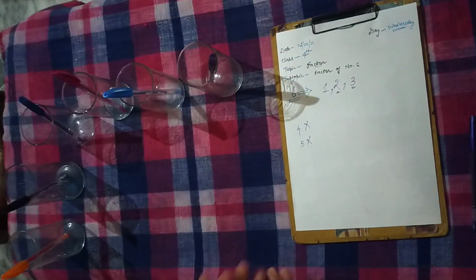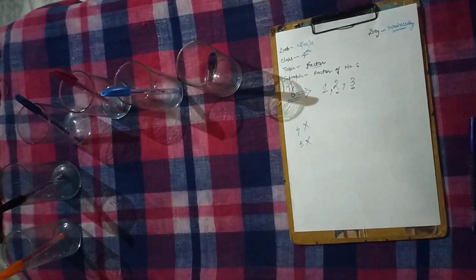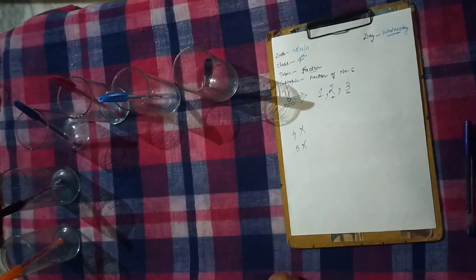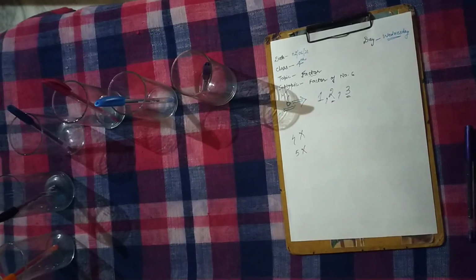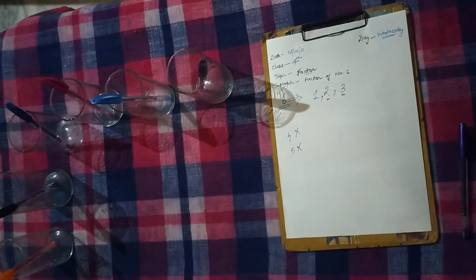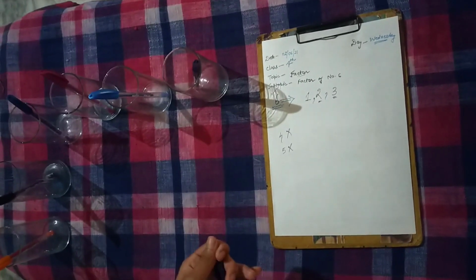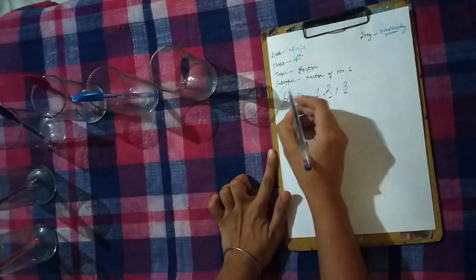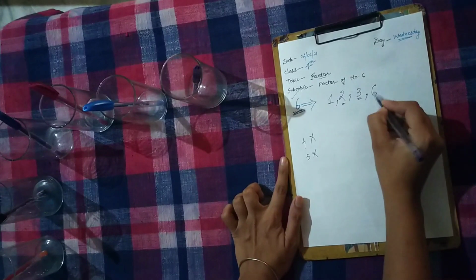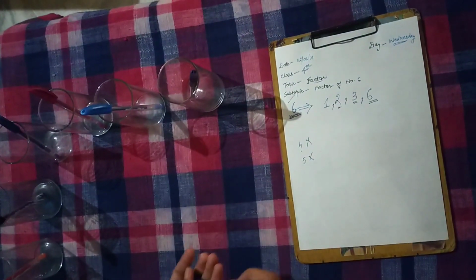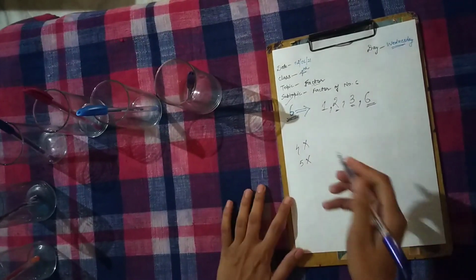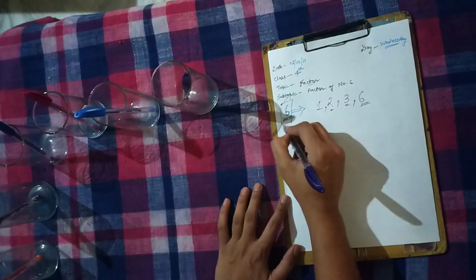Now see, each glass contains 1 pen, which means we have divided equally. So now we can say 6 is a factor of 6.